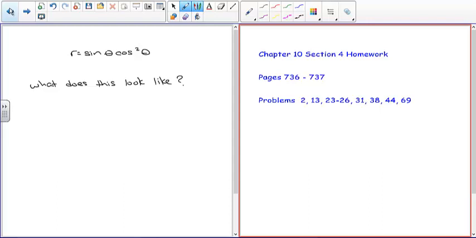We learned a little bit about how to convert an equation in rectangular form into polar form and one in polar form into rectangular form. And we've learned how to find the slope of the tangent line to a curve when r is a function of theta instead of y is a function of x.